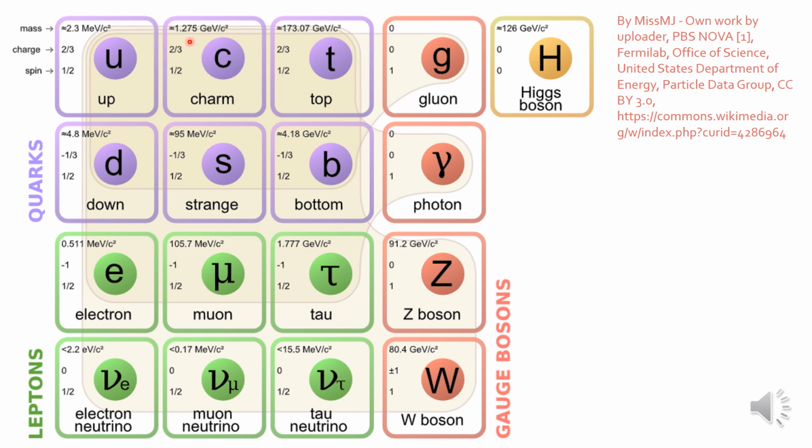So this is 2/3, this is negative 1/3, this is negative 1, and then again our neutrino is chargeless. And again in the next column, the same pattern occurs. The up, the charm, and the top all have a charge of plus 2/3. The down, the strange, and the bottom all have a charge of negative 1/3. And then our electron, muon, and tau all have a charge of negative 1, with our neutrinos all being chargeless.